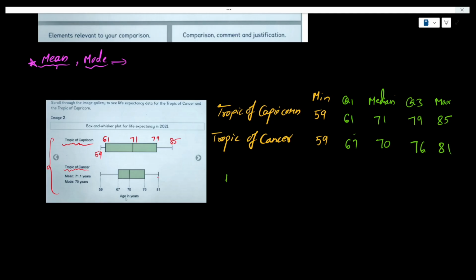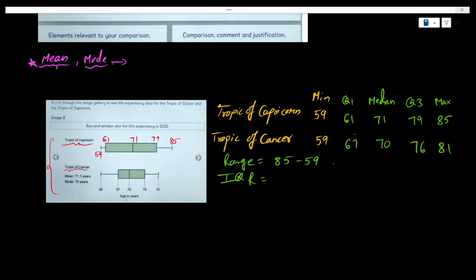Other than that, also take the interquartile range and range for both, because range represents the spread over the whole data, the dispersion. So it is 85 minus the minimum value.